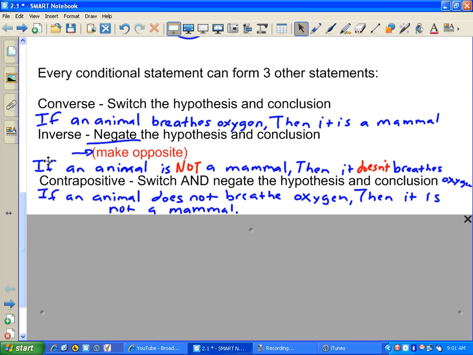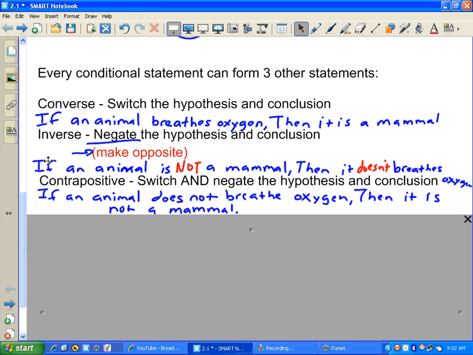The contrapositive, let's look at this one. If an animal does not breathe oxygen, then it is not a mammal. So a counterexample would be something that does not breathe oxygen and is a mammal. Well, there's none of those, right? All mammals are going to breathe oxygen.